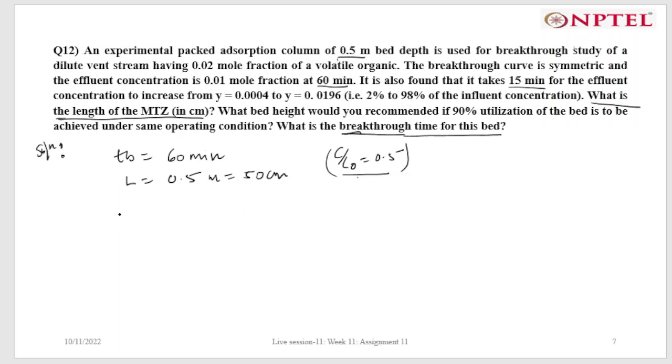So first we calculate the velocity, L by Tm. This is a breakthrough curve, meaning the time to reach C divided by C naught equal to 0.5 gives the velocity.